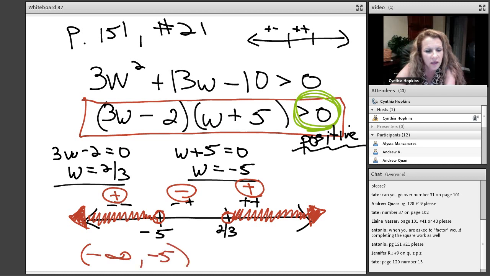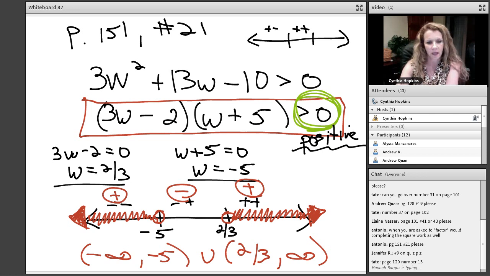Okay, and here is my final answer in interval notation. Negative infinity to negative 5, parentheses around both of those, union 2/3, comma, positive infinity, and parentheses around both of those also. Okay, there's your final answer.